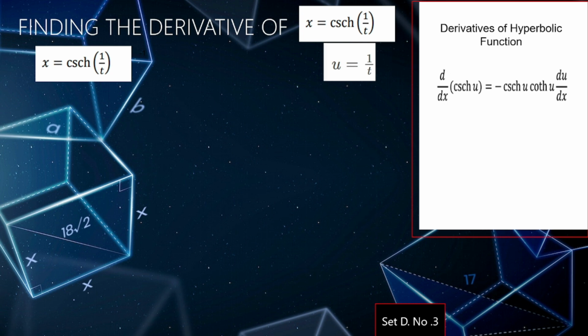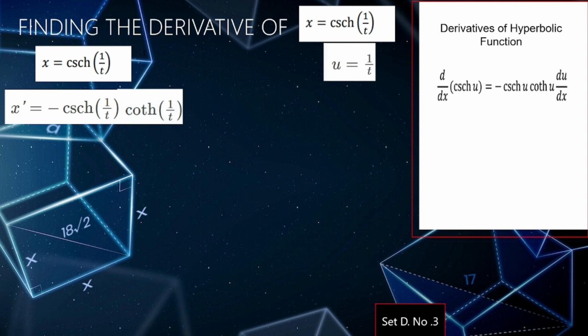The u in this problem is 1 over t. The derivative will be x prime is equal to negative hyperbolic cosecant of 1 over t, since our u is 1 over t, and the negative cosecant is in the formula that was given, and the hyperbolic cotangent of 1 over t.